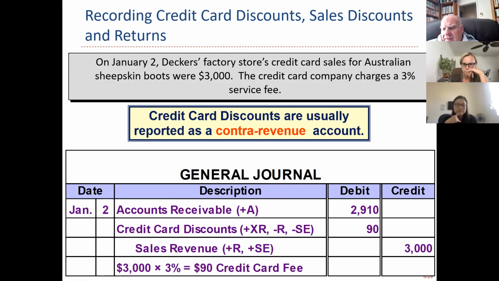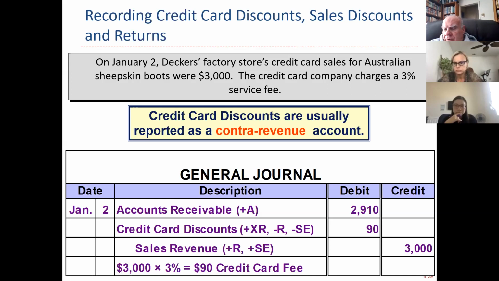Let's say these boots were $300 a piece. Your sale would have been 10 boots times 300, $3,000 sales. You have to put the whole sales dollars here because that's a legitimate sale, and that's what you want to see on your financial statement. That's what the sales department is going to use to analyze.